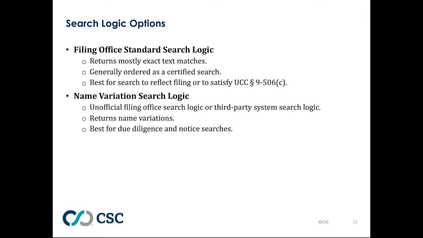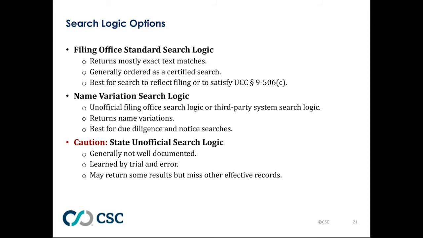Now, one word of caution about the name variation search logic. In using the state unofficial search logic, this is oftentimes very tempting because it's there. Oftentimes it's available for free. People can go in there and sometimes find records very easily.